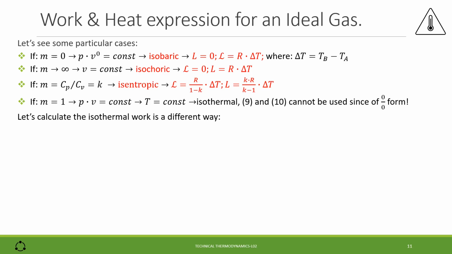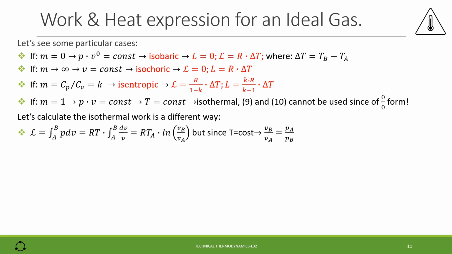We calculate in a different way, using the definition of the thermodynamic work and replacing the expression of the pressure given by the state equation of the perfect gas, and then we find the integral solution as a logarithm of the volume.